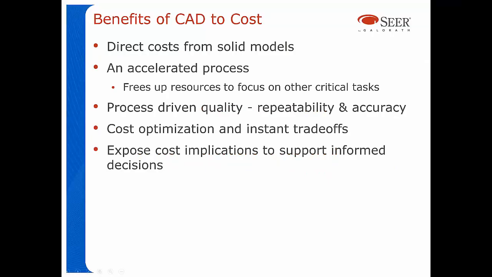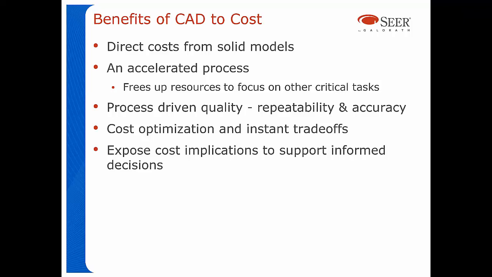Some of the benefits of CAD to cost, before we go into live demos. You're now able to get direct costs from the solid CATIA models. This is an accelerated process, so it frees up your estimators and resources to focus on other more critical tasks.